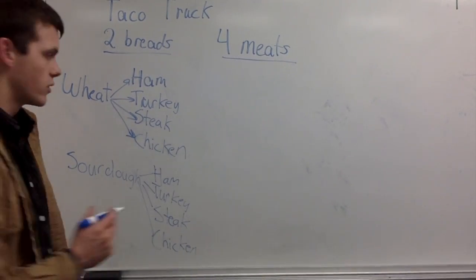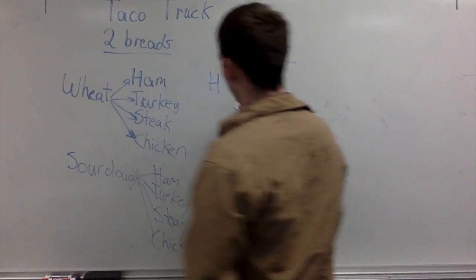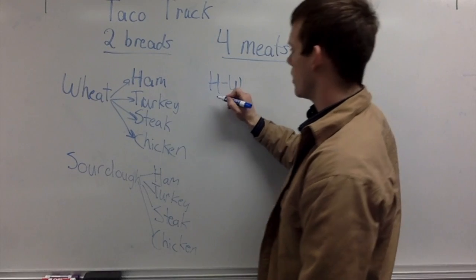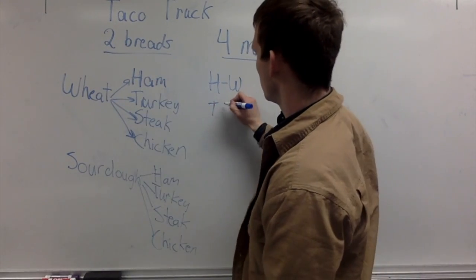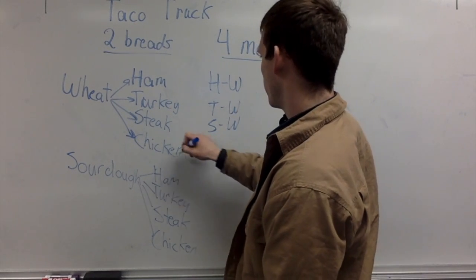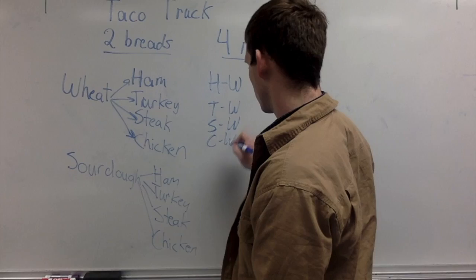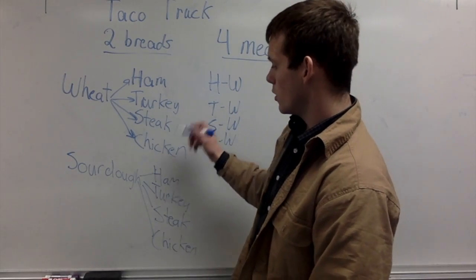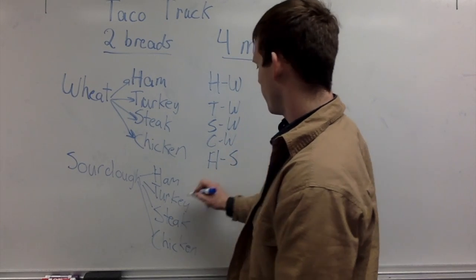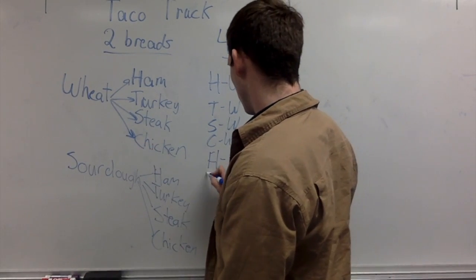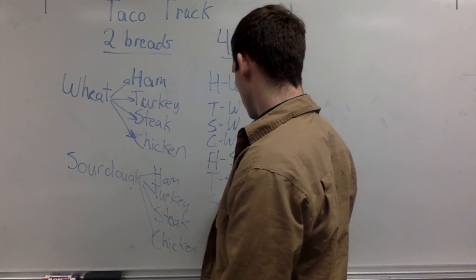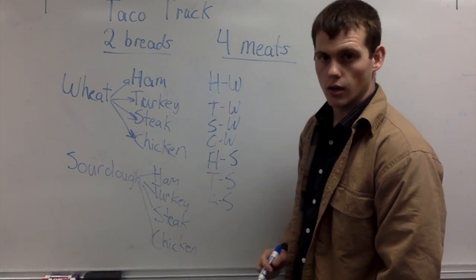So let's count our options. We have ham on wheat, turkey on wheat, steak on wheat, chicken on wheat. Then we reset down to ham on sourdough, turkey on sourdough, steak on sourdough, and then chicken on sourdough.